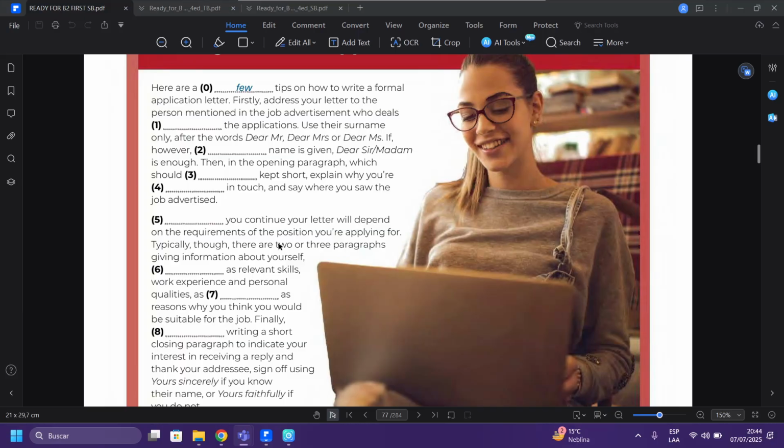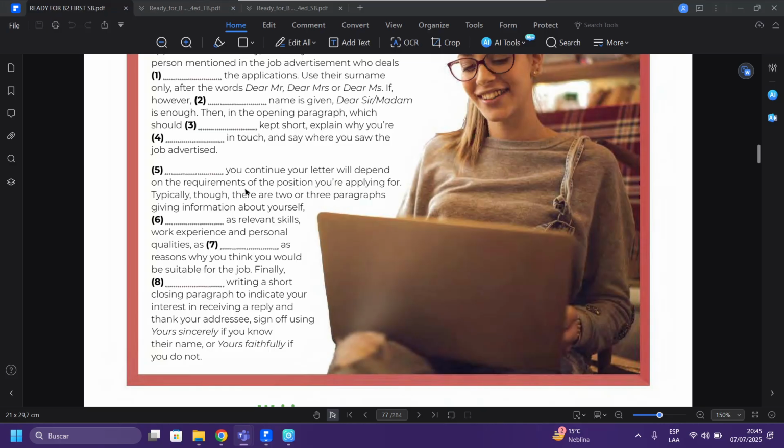In touch is the phrase, get in touch, right? So you are in progressive. You are getting in touch. Yes, number 5. Continue. Your letter will depend on.